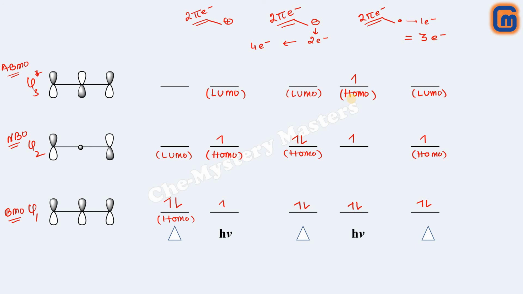And when you talk about the third condition, that of allyl radical, here with irradiation with light, the electron will get excited to the next energy level. The excited state of allyl radical is not easily available in various readings.